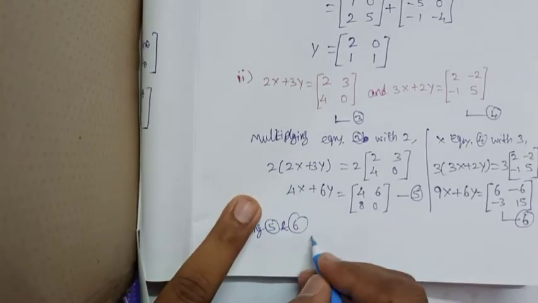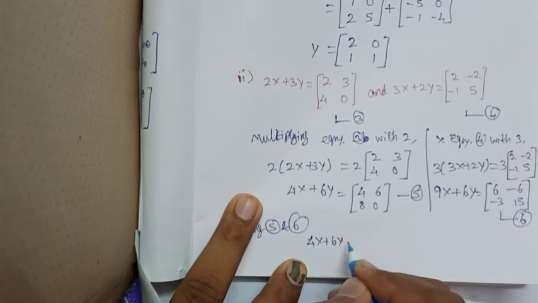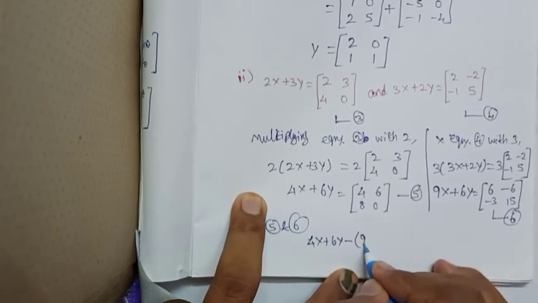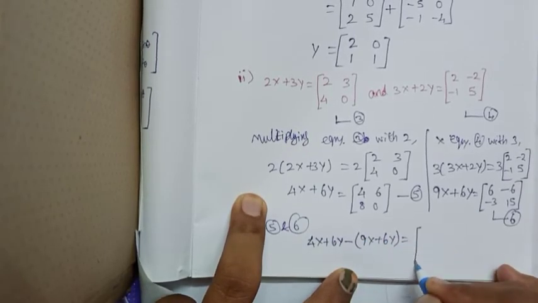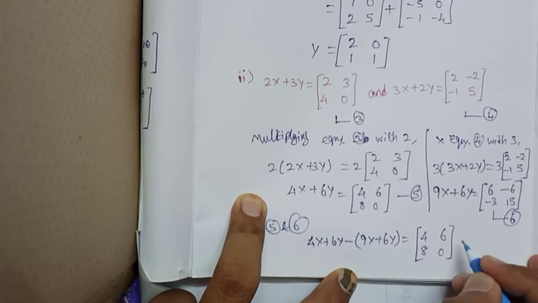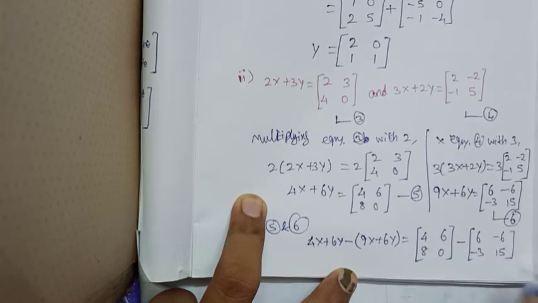We get 4x plus 6y minus the bracket 9x plus 6y, which is equal to the matrix 4, 6, 8, 0, minus the matrix 6, minus 6, minus 3, 15.